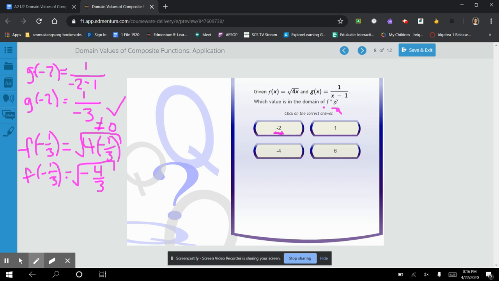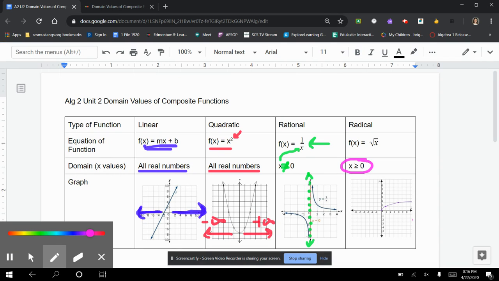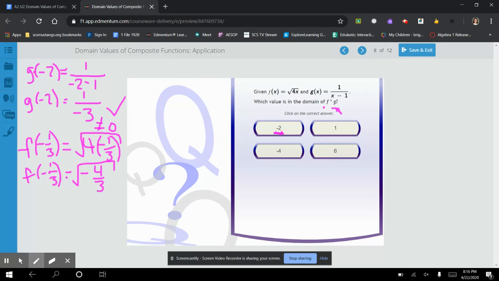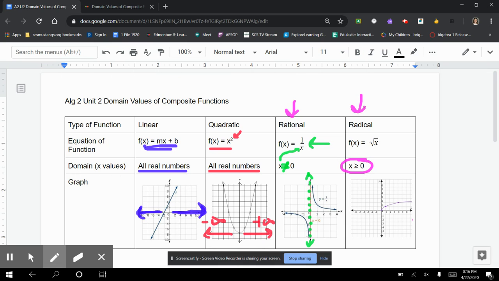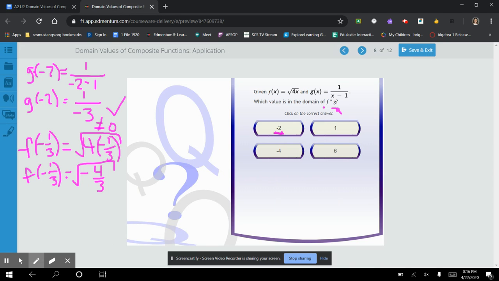And if I compare that to our chart, we're looking at a radical function, my bad, and that number inside that square root has to be greater than or equal to 0. So negative 4/3 is not greater than or equal to 0, so negative 2 is not our answer.